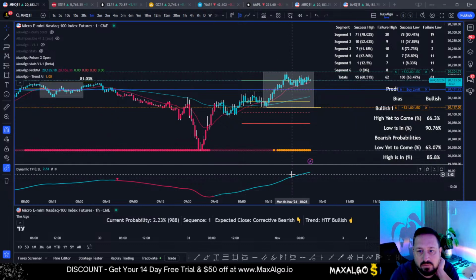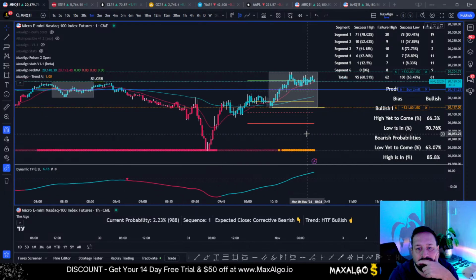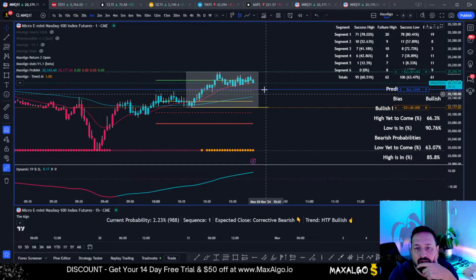So you see how we come above now this 0 line, but we haven't had a huge run, right? So there's a 66% probability that our high is yet to come. Probability's dropping now, right?